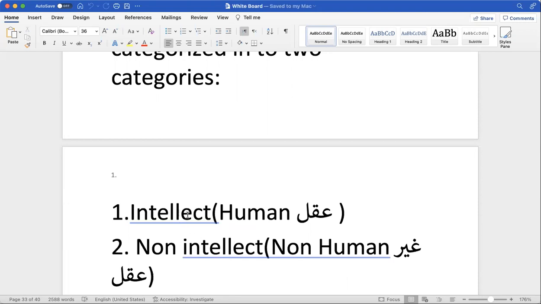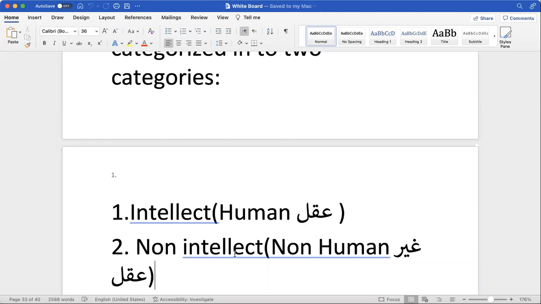When we say intellect, it includes the isms which deal with human beings, angels, and jinns, right? The intellectual beings. And when we say non-intellect, ghayr aaqil, it means it deals with the words or isms which are referring to things which don't have any intellect.